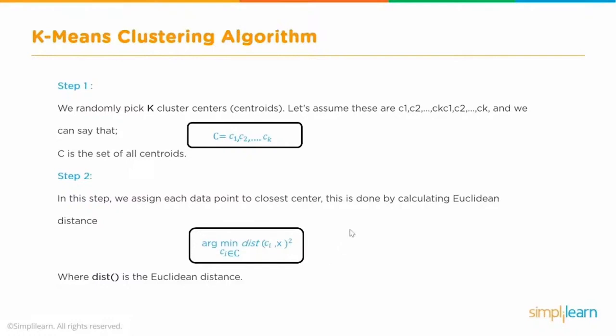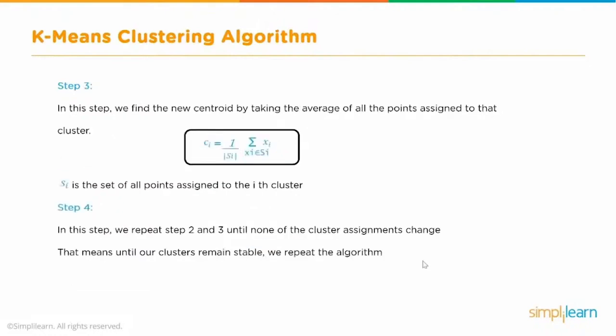But remember, the initial values of the C1, C2 were not really the centroids of these groups, right? We assigned them randomly. So now in step 3, we actually calculate the centroid of each group, which means the original point which we thought was the centroid will shift to the new position, which is the actual centroid for each of these groups.